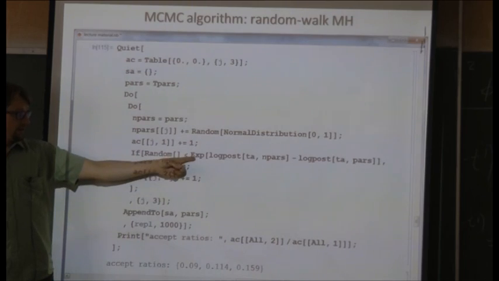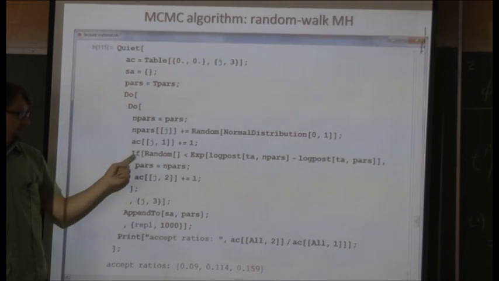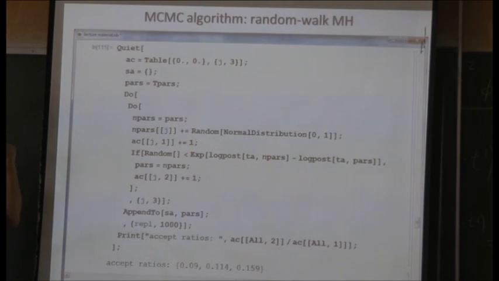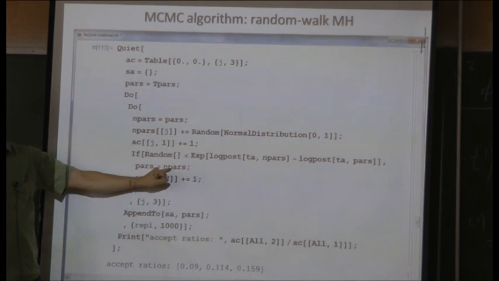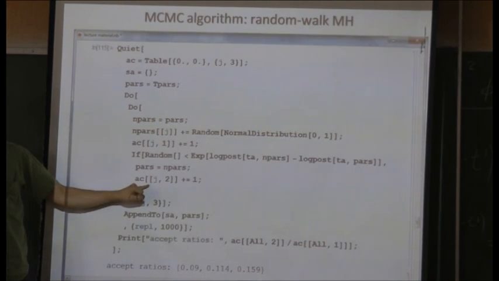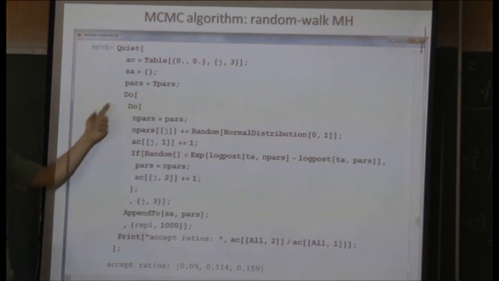Then I see how big that is, and I accept or not, depending on that probability. So random with brackets is a random number between 0 and 1 with uniform distribution. If I accept, then I change the parameters to the new parameters. I also count how often I accept, so I add 1 to this acceptance counter. And then I just move on.